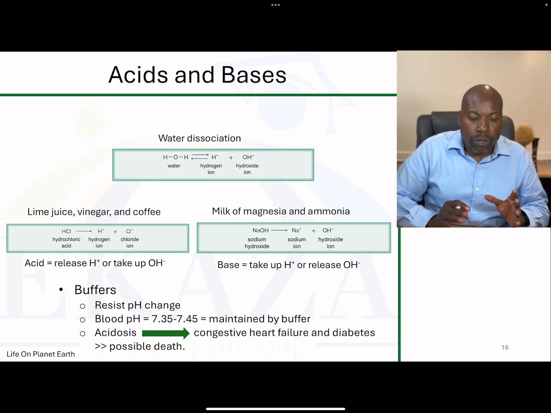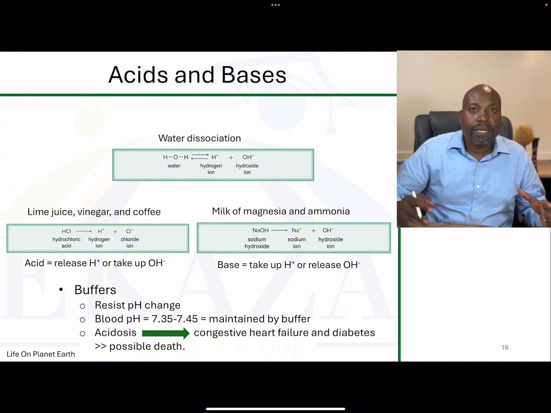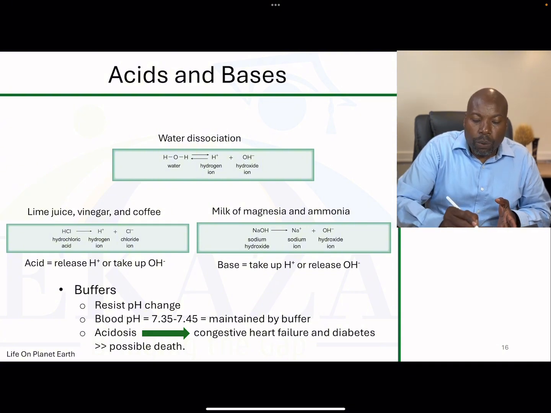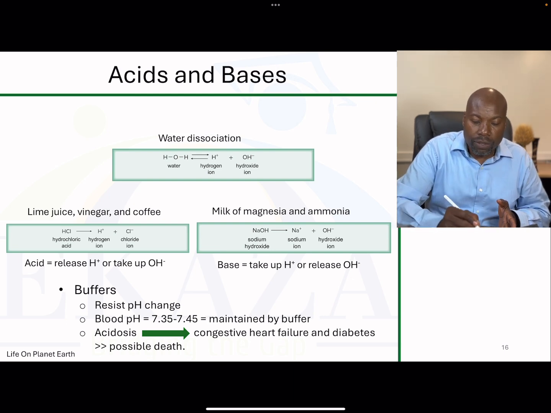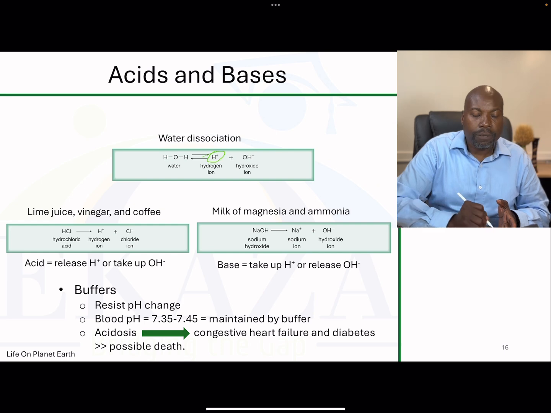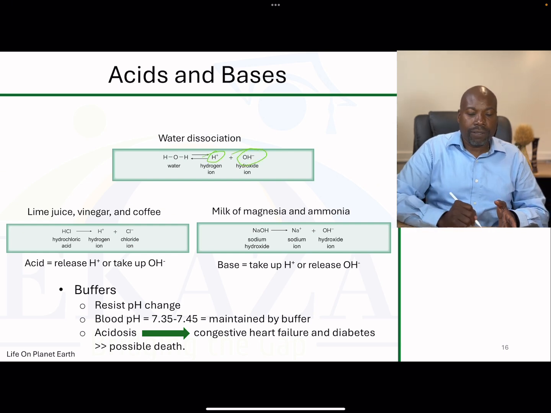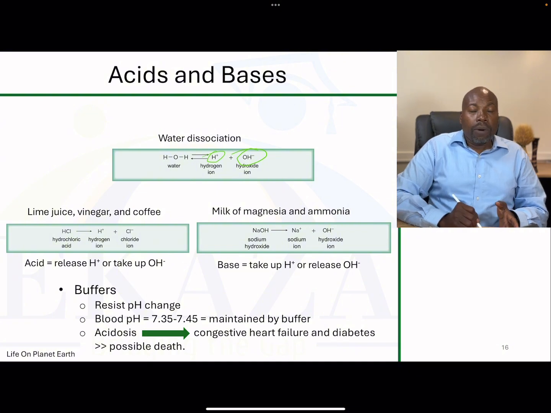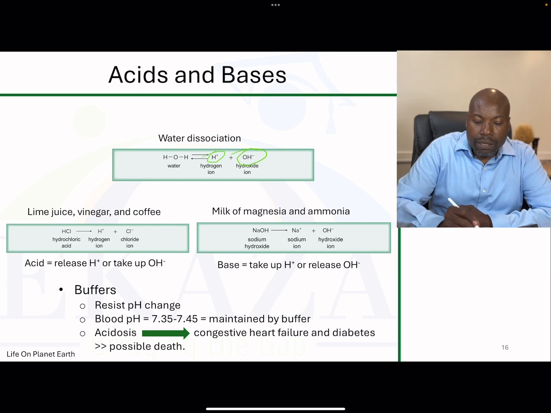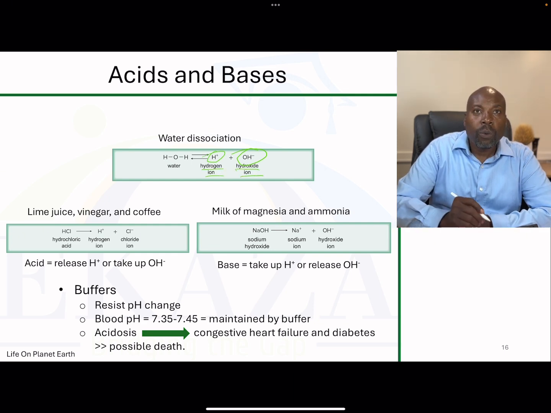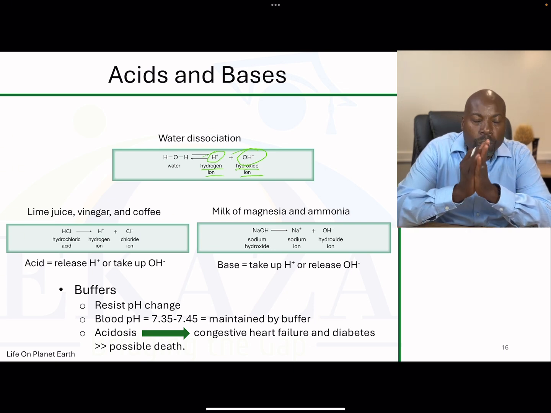Now, water molecules can split. When they split, actually, they're going to release two chemicals, hydrogen ions and hydroxide ions. Okay? Now, because when water splits, it can release hydrogen ions and hydroxide ions, we can always ask the following.